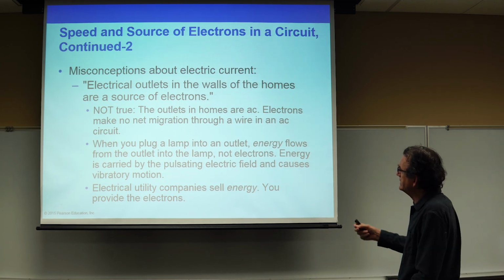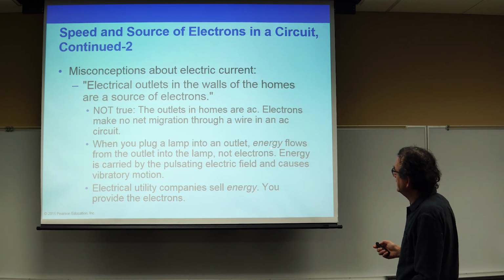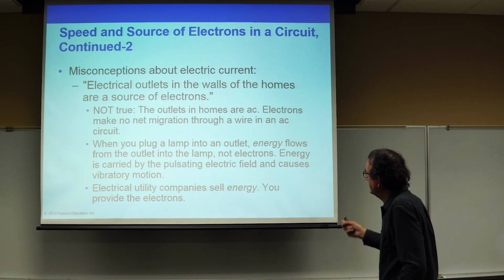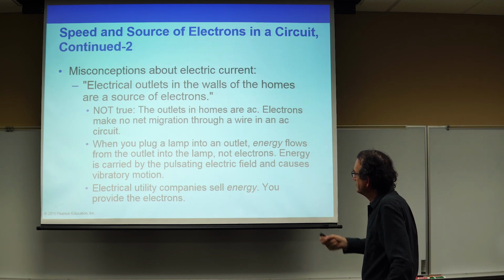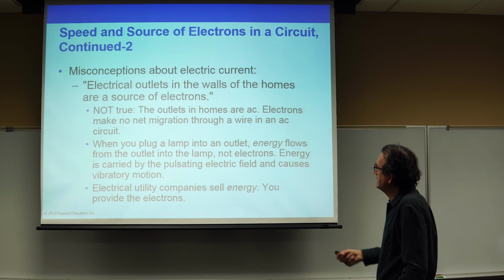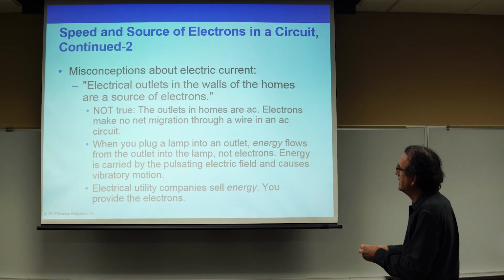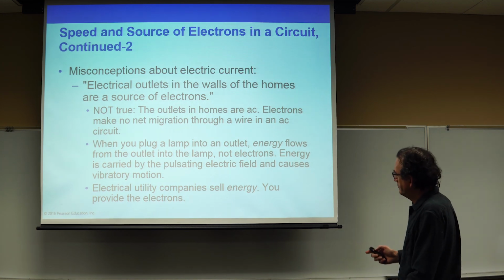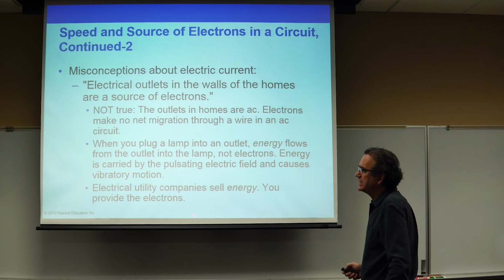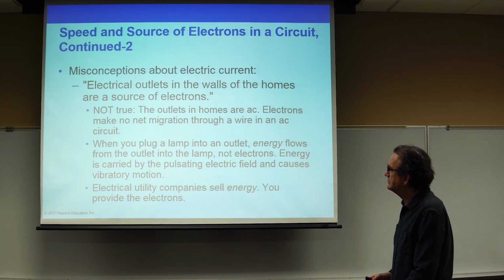Rather, it is the energy of the electrons, their flow, that causes the sensation of electric current. And the other point to keep in mind is that electrical utility companies sell you energy, but they don't sell you the electrons that produce the energy.